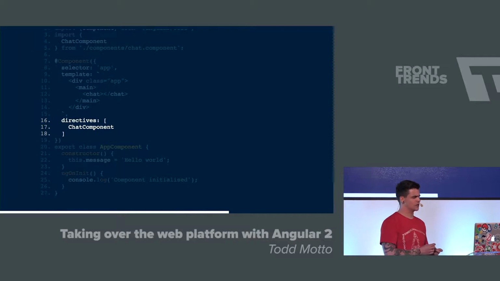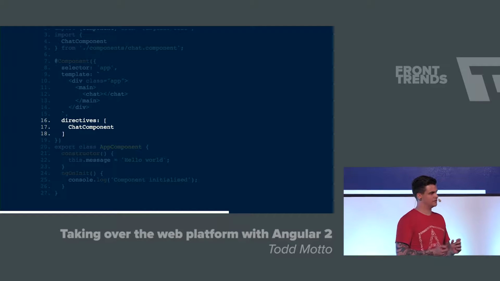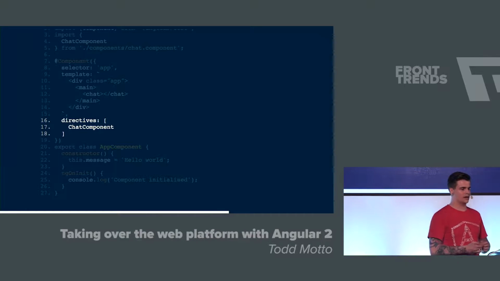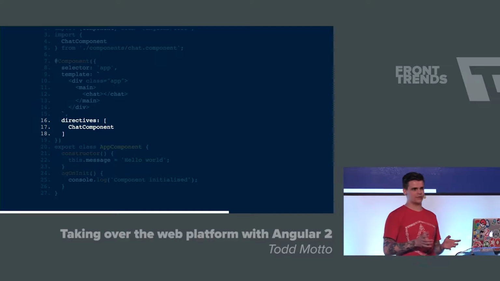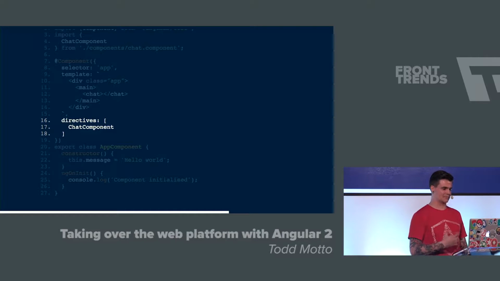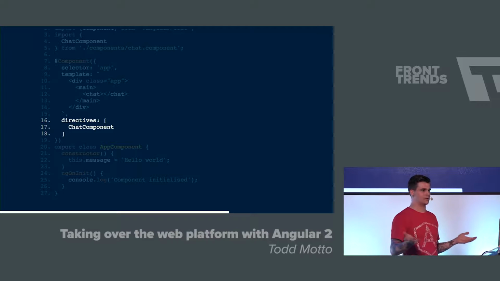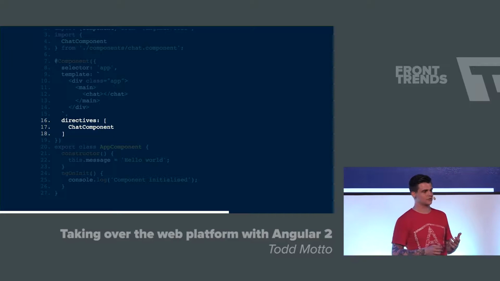Now, this is always a strange one with me, but this is necessary to use this directives array. I know it looks horrible, but it's basically because you need to inject it and register it within Angular's dependency injection system. If you've used Angular 1, you've probably created a mess, and it's so easy to create a mess.